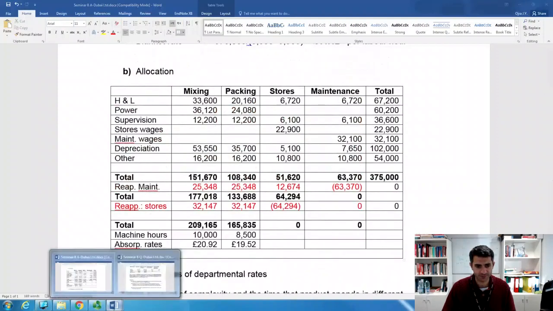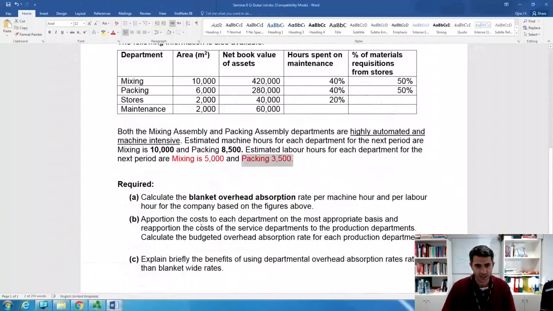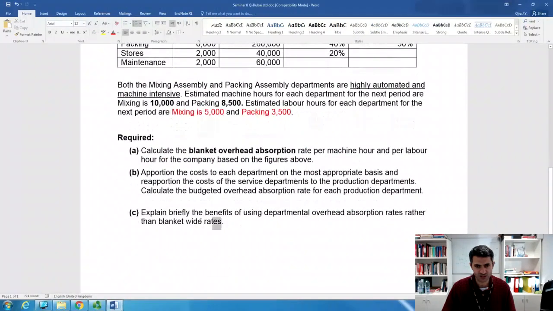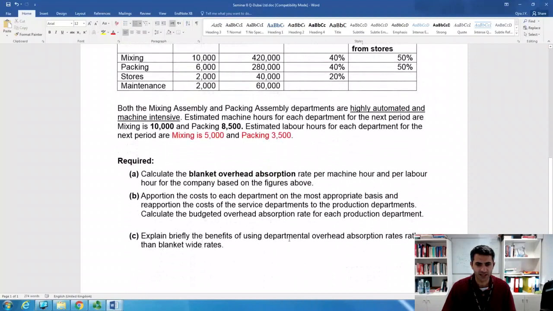Okie dokie. All right, now just some theory behind it, you need to read it, and it's very simple. It asks you to explain briefly the benefits of using departmental overhead absorption rates rather than blanket rates.